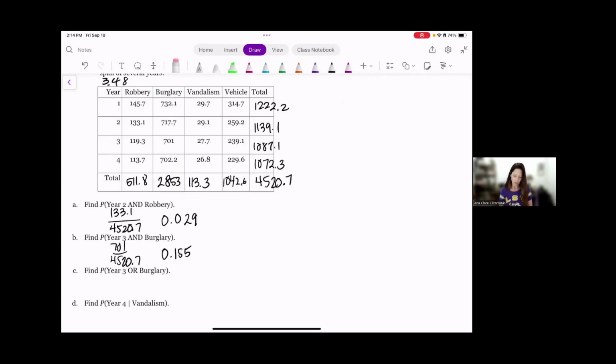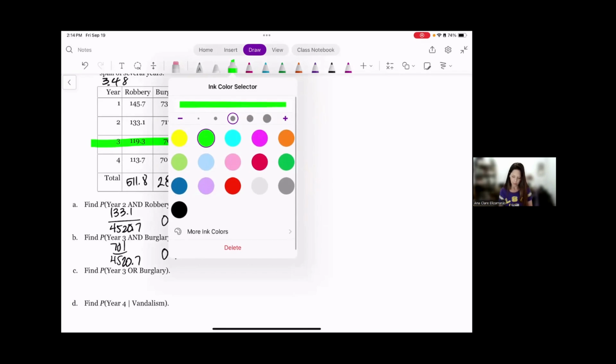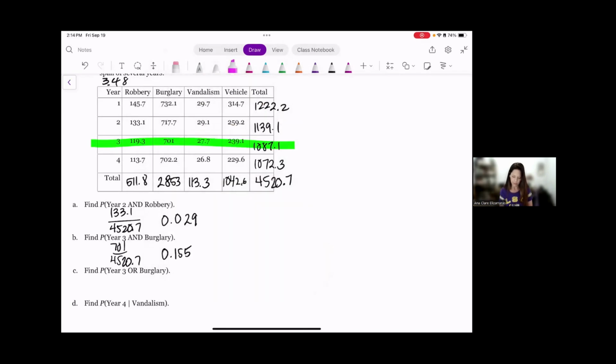Or, year 3 or burglary. So remember, I add. Let's do year 3 first. Year 3 was 1,087.1 over 4,520.7, plus the burglaries, 2853 over 4,520.7, minus the intersection.